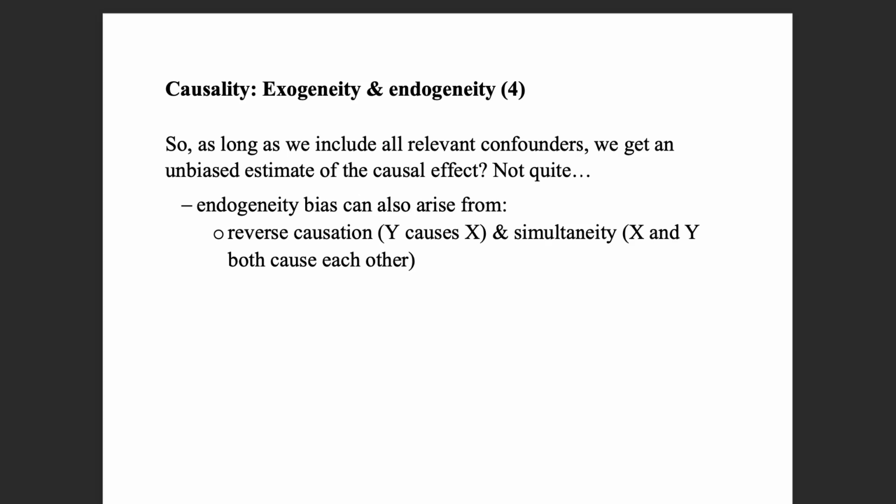Because yes, there are theories that say more economic development leads to more democracy. But then there are, of course, also theories that say, yes, but more democratic countries tend to do better economically.